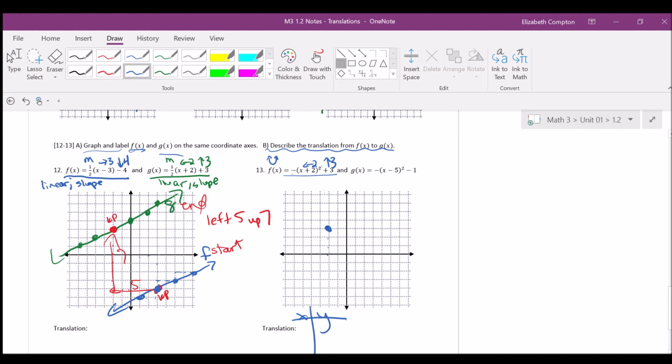I'm going to plug in 1 to the right, that's -1. So I'm at -2, 1 to the right's -1. -1 plus 2 is 1. 1 squared is 1. Make it negative. -1 plus 3 is 2.